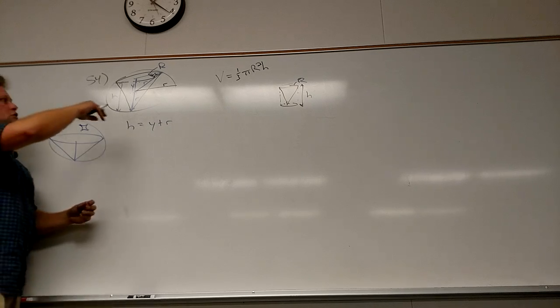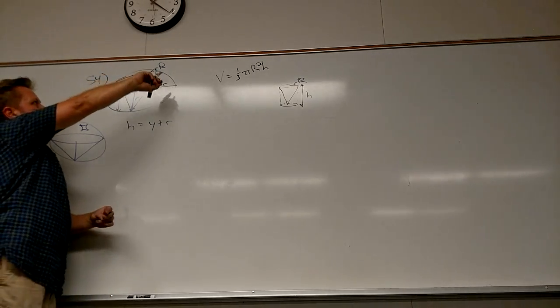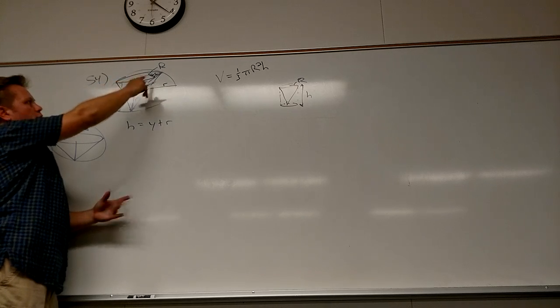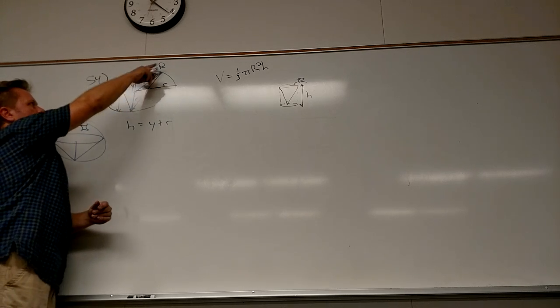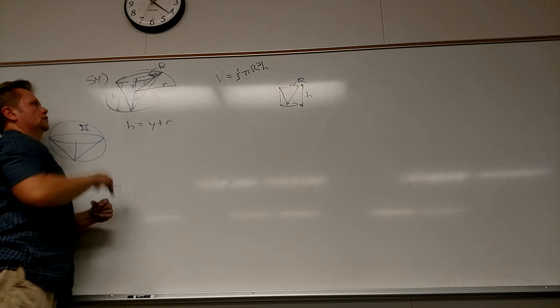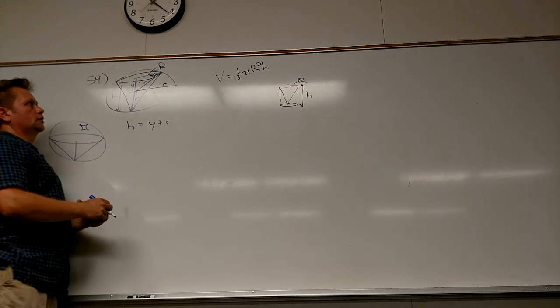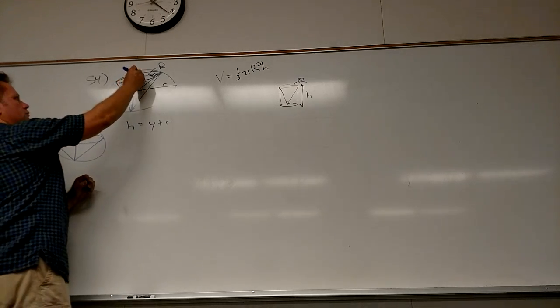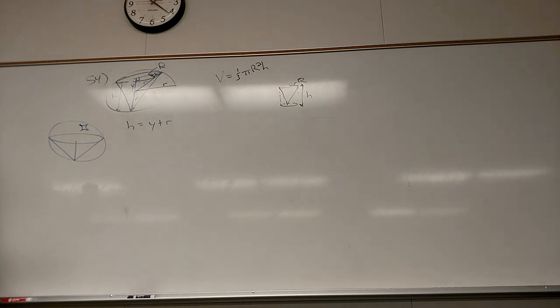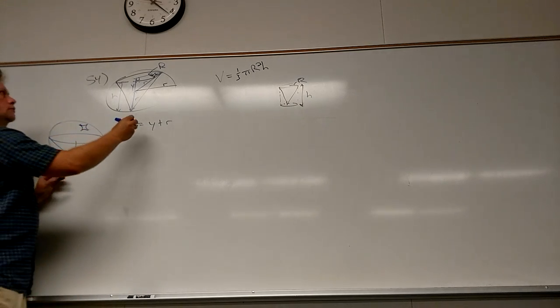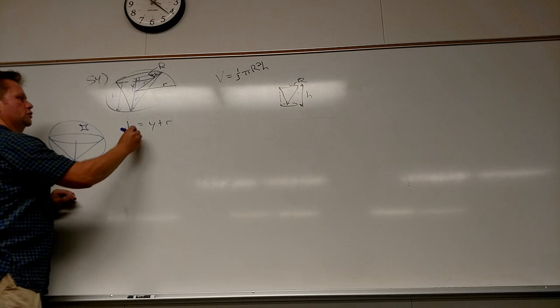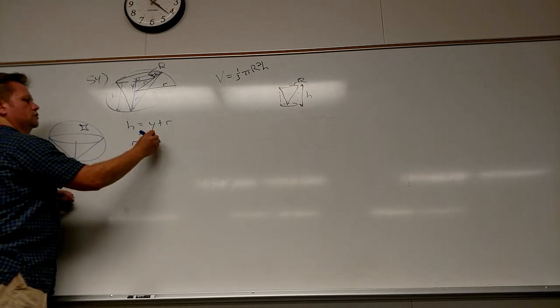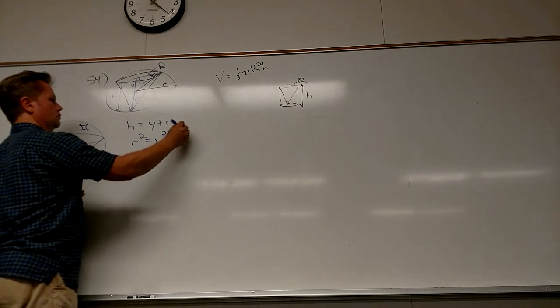So what's the relationship I've got here so far with what I've drawn? Here's our right triangle, right? So little r squared equals y squared plus big R squared.